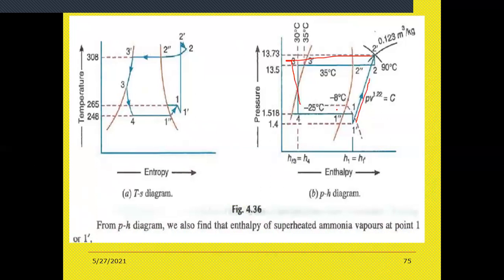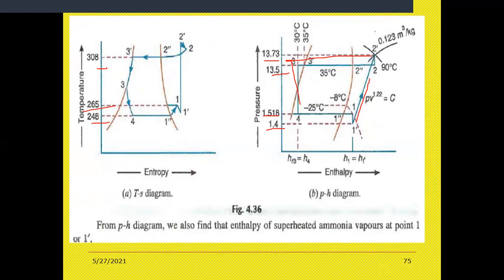Then the points T1, T1 dash, T2, T2 double dash, T2 dash. In the same way, if we see the temperature and entropy diagram, the temperature at T1, 1 double dash, 1 dash and 3 dash.